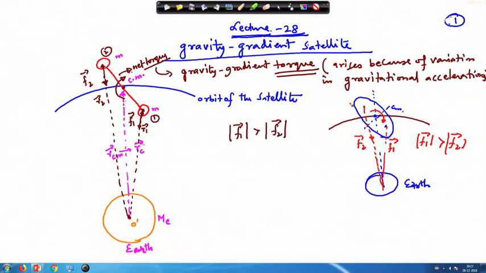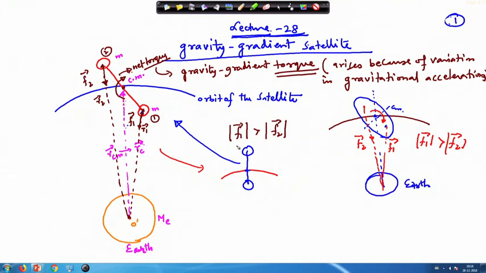In the case I am discussing, initially the dumbbell was in this shape, and from this you have moved it to this configuration. Obviously there will be a torque which will try to restore it back. It will try to pull it in this direction.